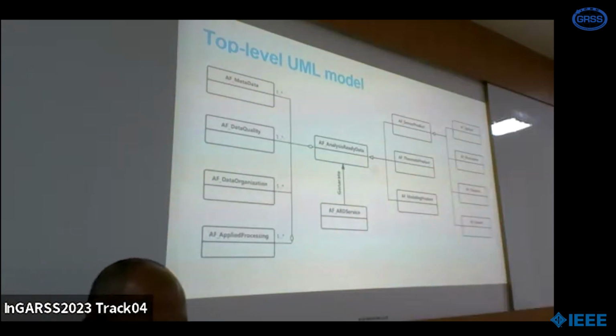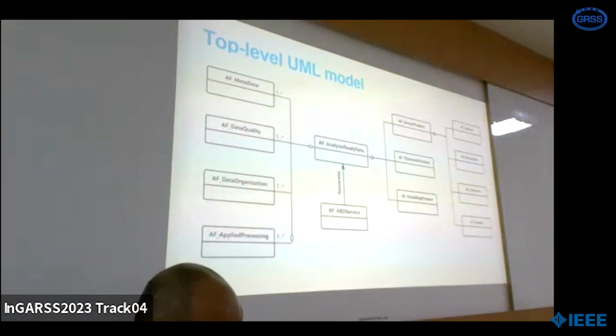And the applied processing. This will be detailed in clause 8. And then we also are going to have the analysis ready data service, the ARD service, that generally is analysis ready data.